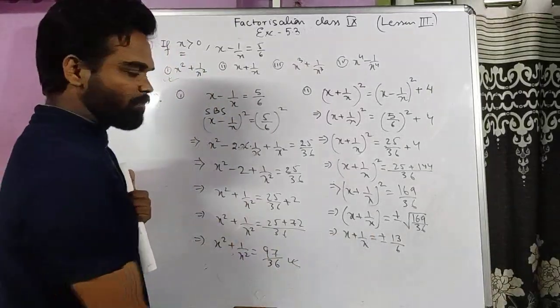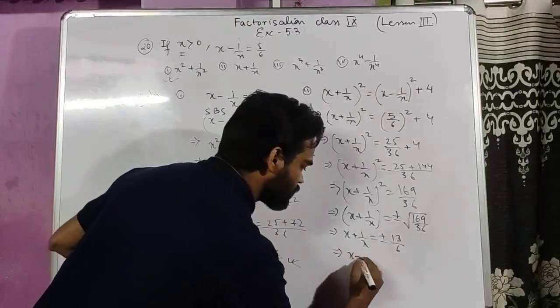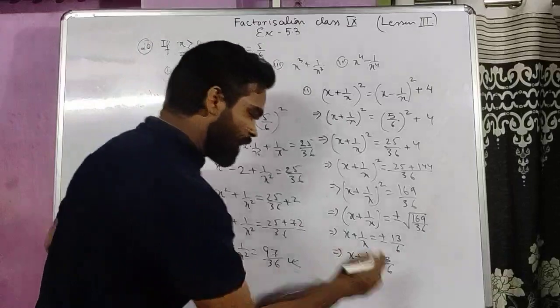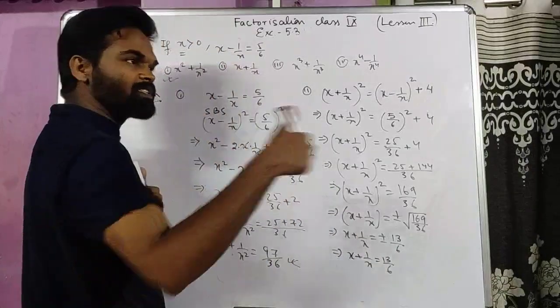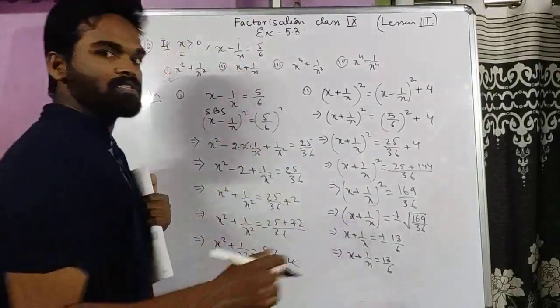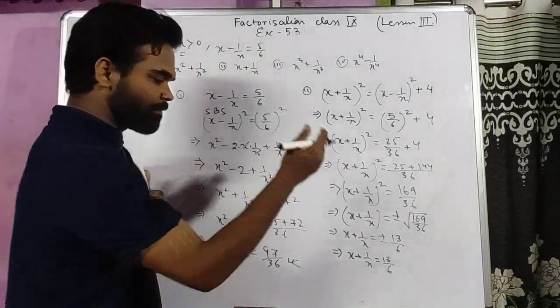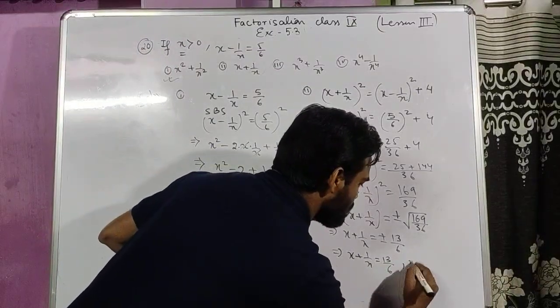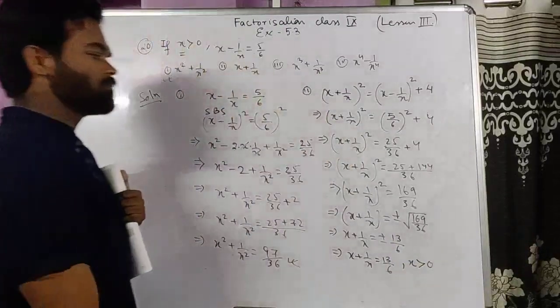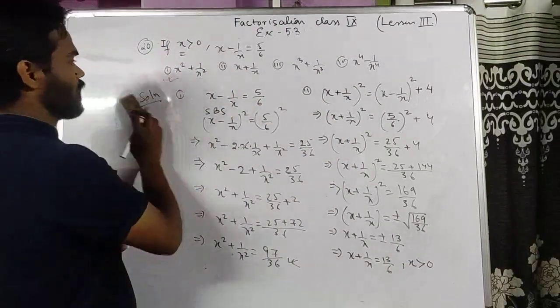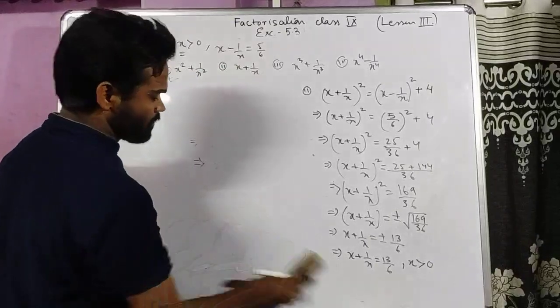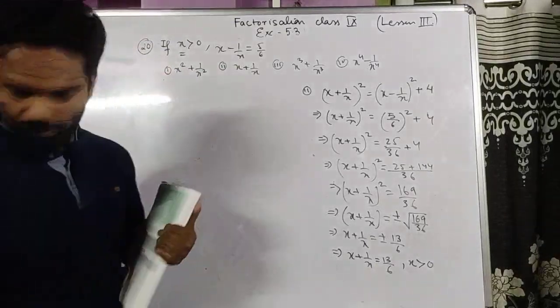We have got two answers, but I'll take 13 by 6. Why? Because they have already told x is always greater than 0. So our answer can never be less than 0. Why? Because x is greater than 0. Am I clear? Now we look at the third part.